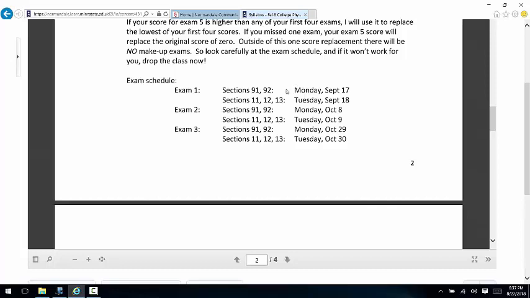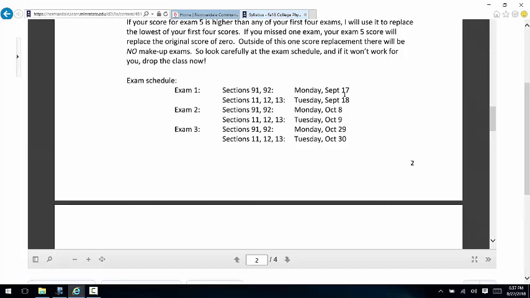Again, like the labs, if there's ever a time that you can't make it to your exam, like you're busy Monday, September 17th, but you happen to be able to make things work at your job or whatever and come in the afternoon on Tuesday the 18th, you can do that and there's no problem. You just take the exam with the day class and that's easy.